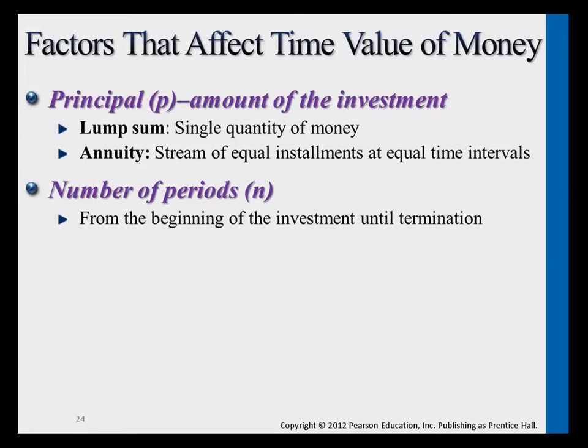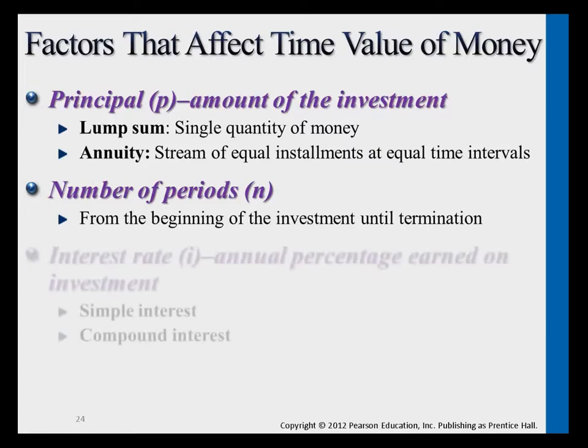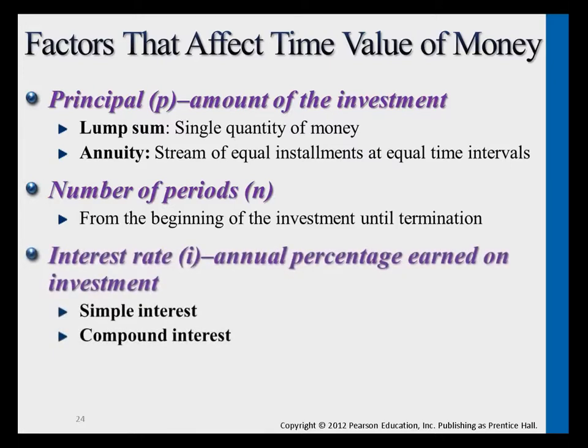That can be months, years, or quarters. And the last one is our interest rate. That interest rate is whatever annual percentage is earned on the investment. And we'll learn there are two types, simple interest and compound interest.